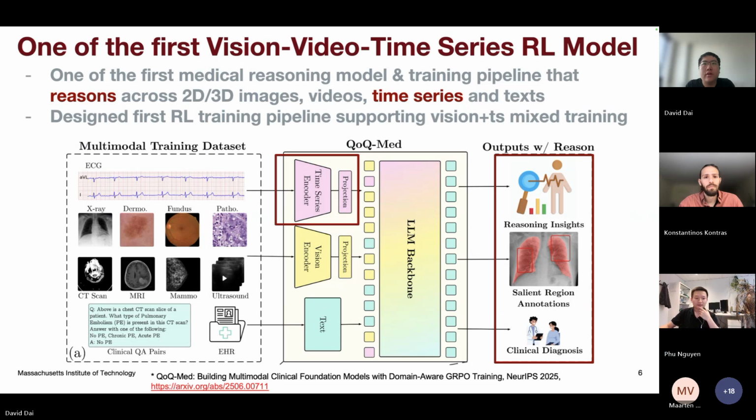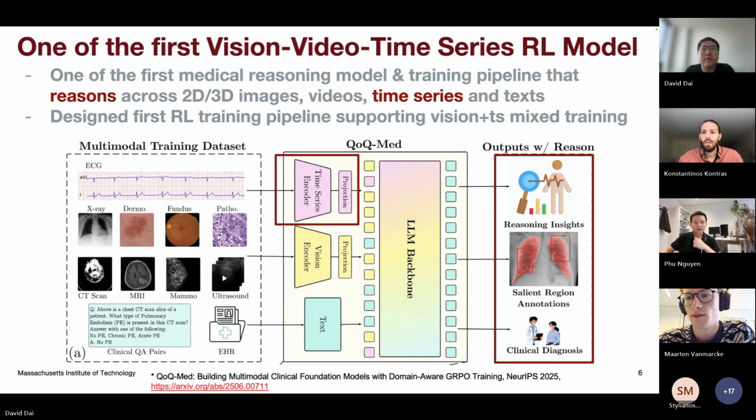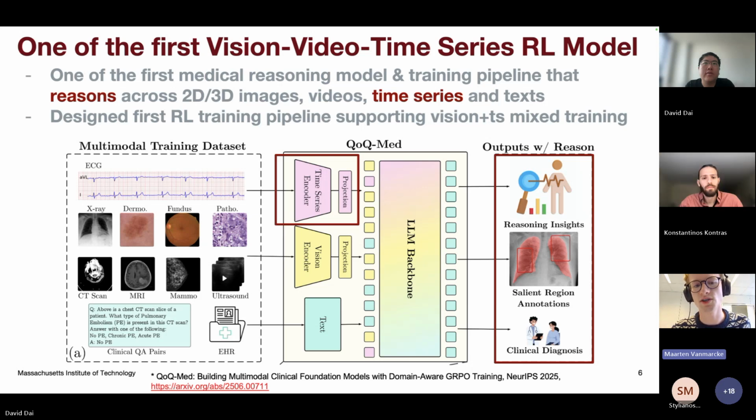Okay. Thank you. If I can ask another question. I see in your model here, you use a time series encoder for the ECG and a vision encoder. Are these embeddings concatenated or averaged?